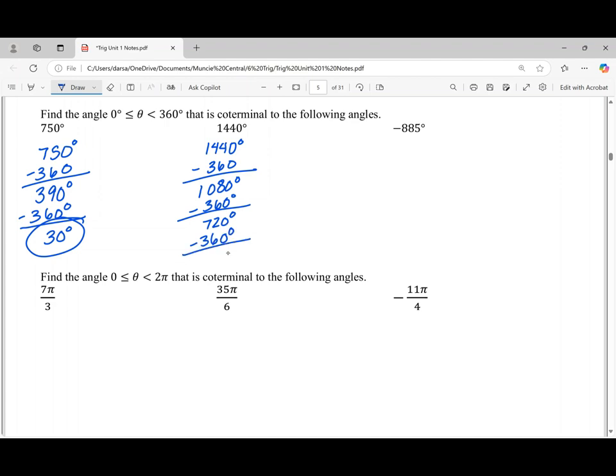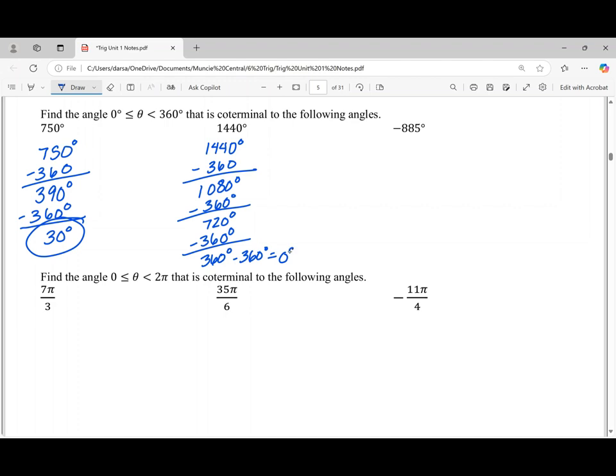And that gets us down to 360 degrees. Well, wait a minute. Isn't that just 0? Well, it sure is. So it looks like 1440 is just 0 degrees.